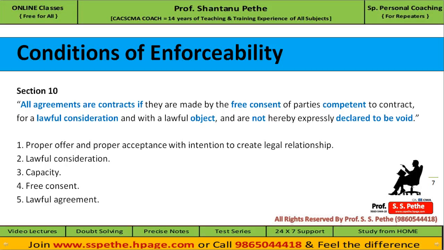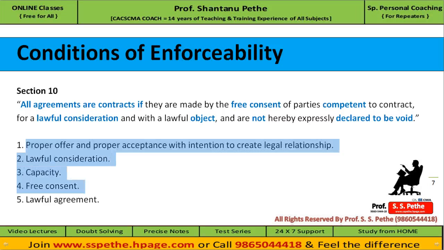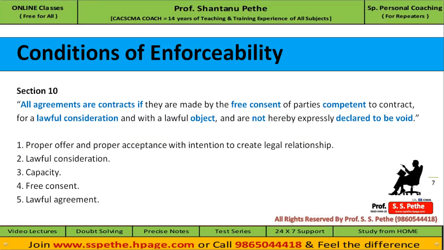Now, from this section, we can see that for an agreement to become a contract, the agreement must fulfill all these conditions mentioned by section 10. So there should be a proper offer and proper acceptance with the intention to create a legal relationship. And there should be lawful consideration. Parties should have the capacity to contract. They should be competent enough to contract. There should be free consent of the parties, and there should be a lawful agreement.